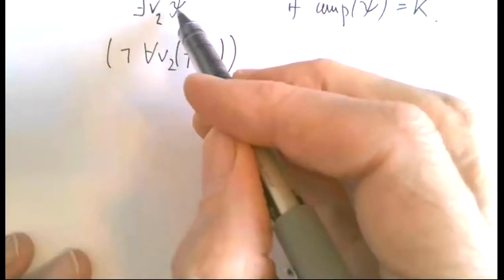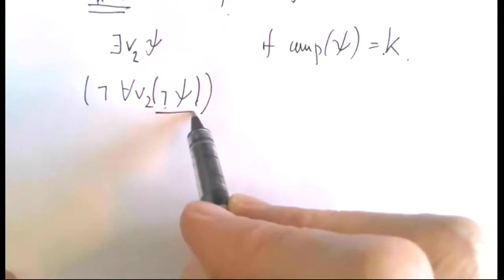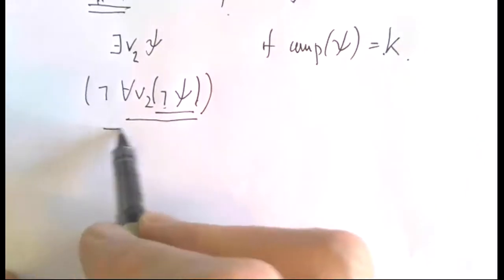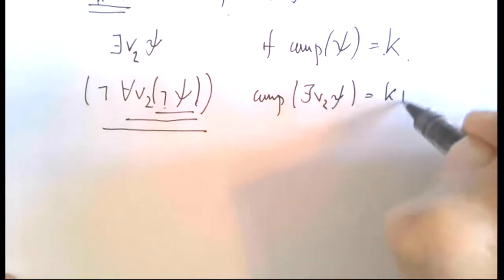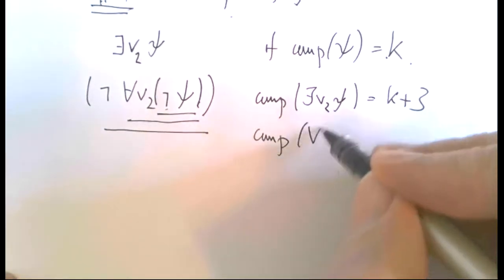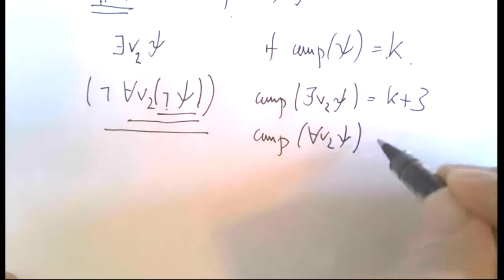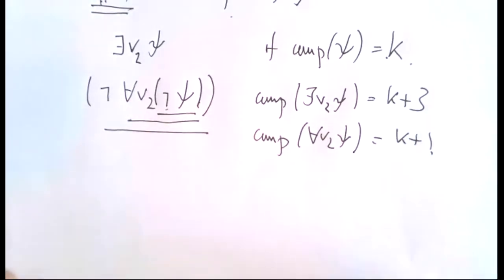So if psi has got complexity k, this has got complexity k plus 1, k plus 2, k plus 3. So the complexity of this is k plus 3, whereas the complexity of for all v2 psi will just be k plus 1.